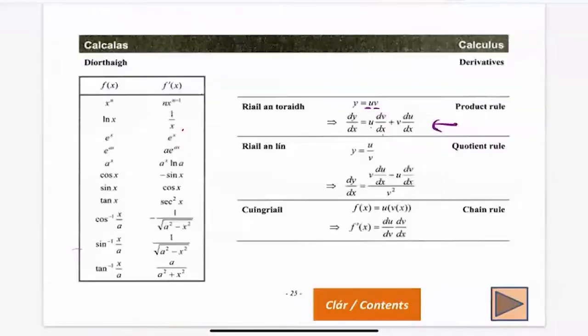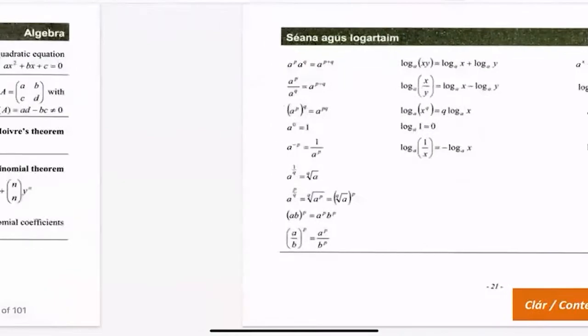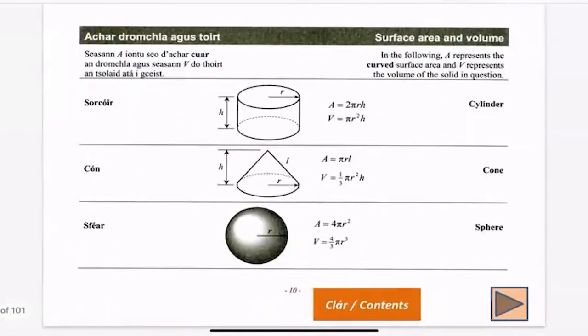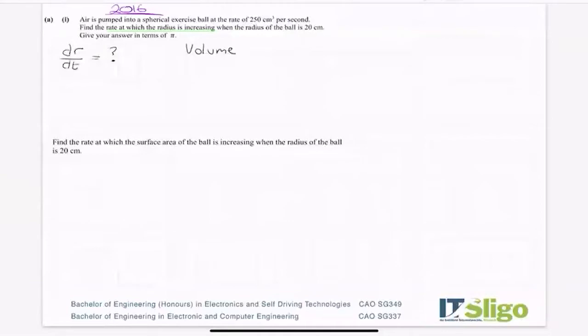So if we go back to our area and volume pages at the start, we have a sphere, which is your ball, and the volume is 4/3 pi r cubed. So the volume of the sphere equals 4/3 pi r cubed. I'm just going to write it as a letter V for volume.